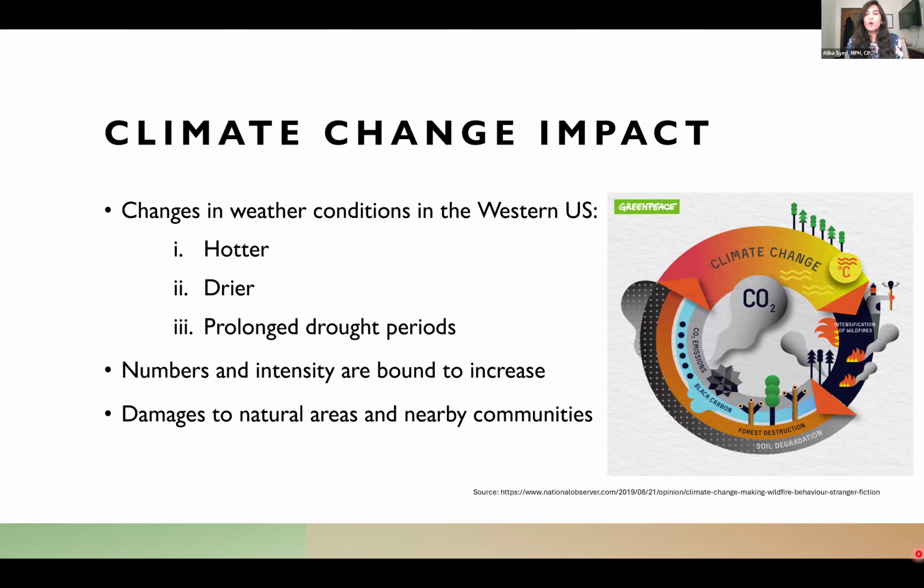This is why both the number and intensity of wildfires are increasing. And if such conditions remain, areas such as the Arctic that never encountered wildfires are expected to face wildfire damage as well. Such an increase in wildfires will not only lead to the burning of natural areas, but nearby communities will be damaged as well.